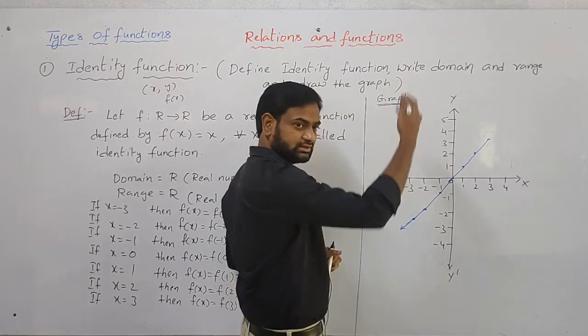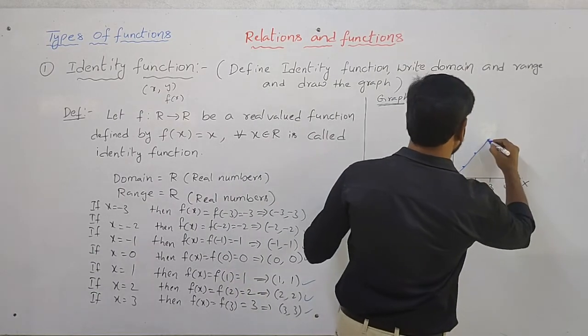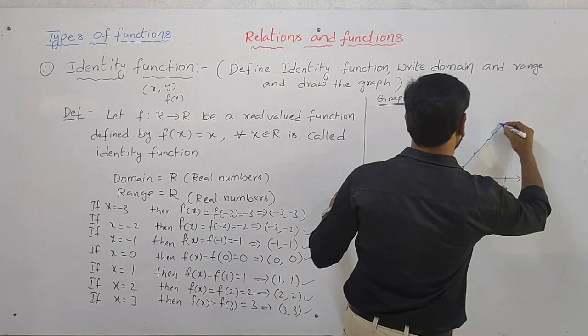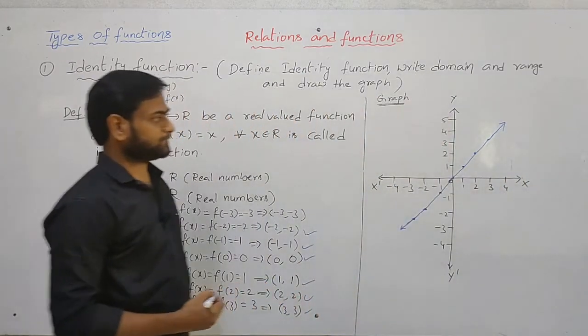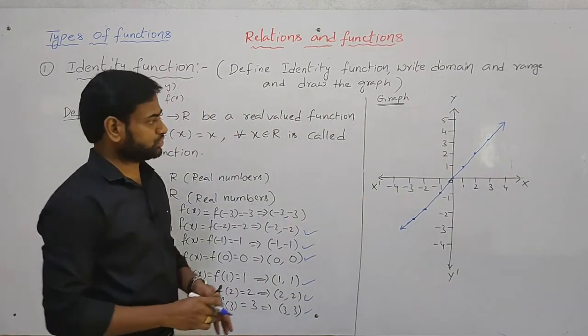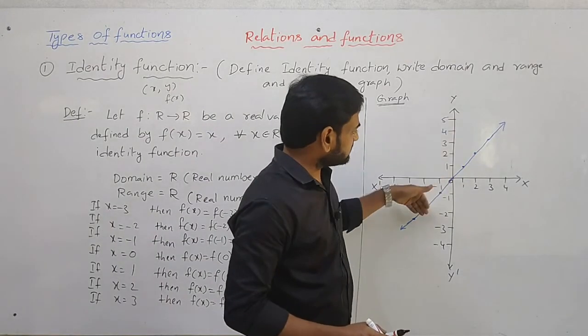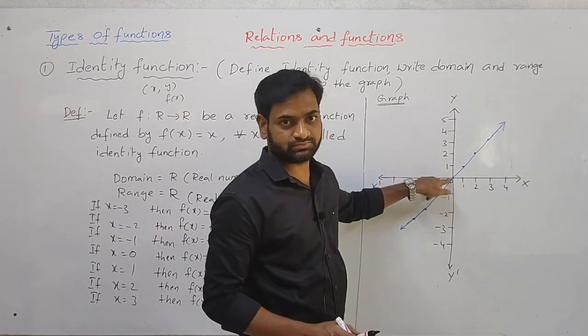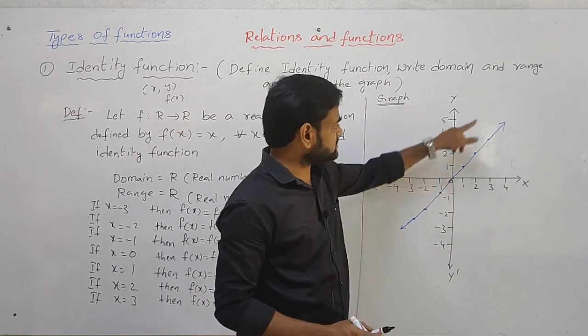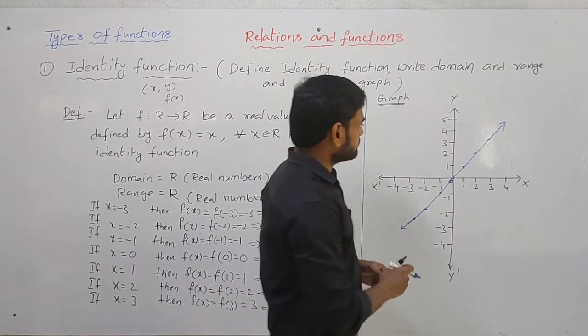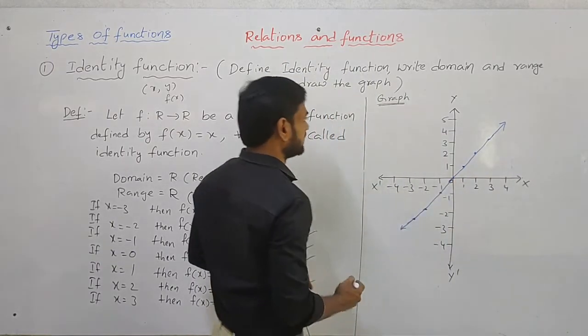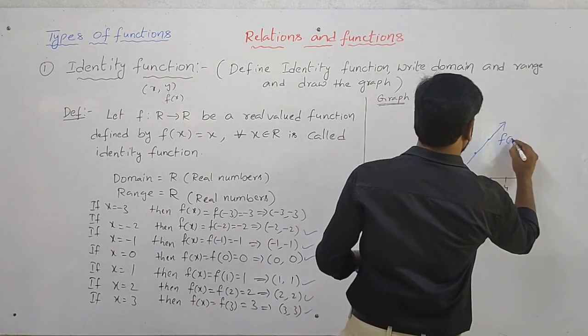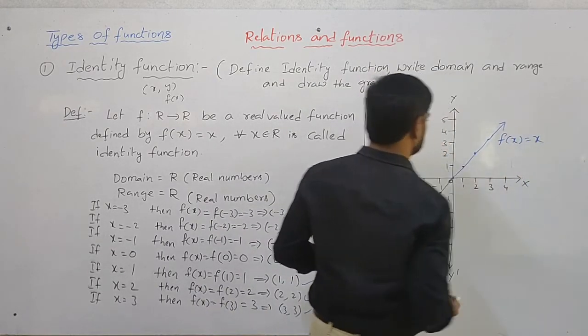It means you can extend like that. You can take so many values here. You can extend the line. So it is a line which is passing through the origin. So it is the graph for f of x equal to x.